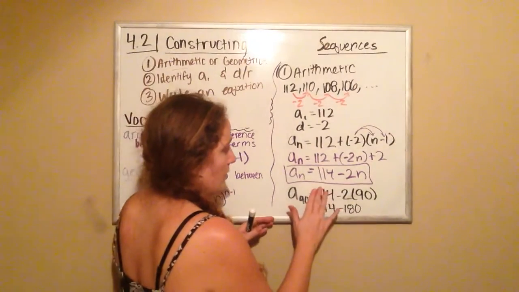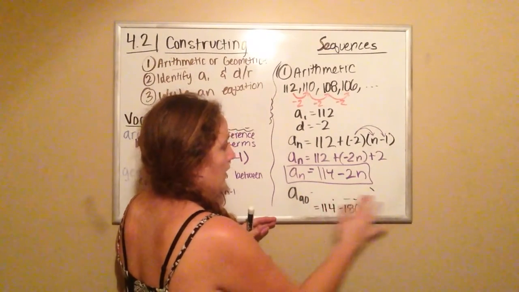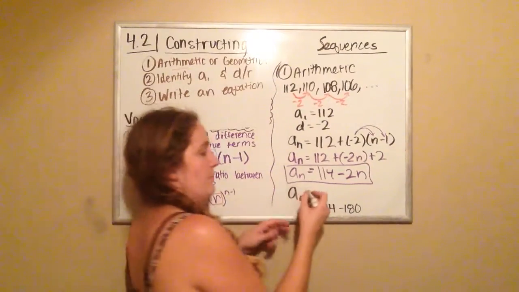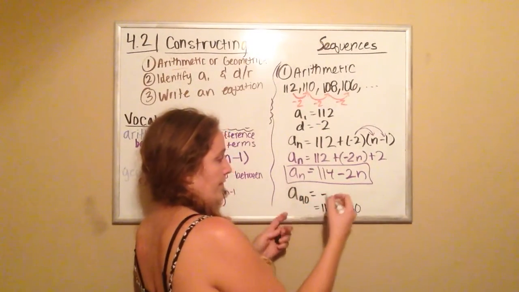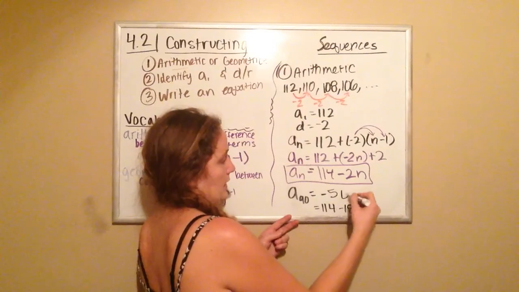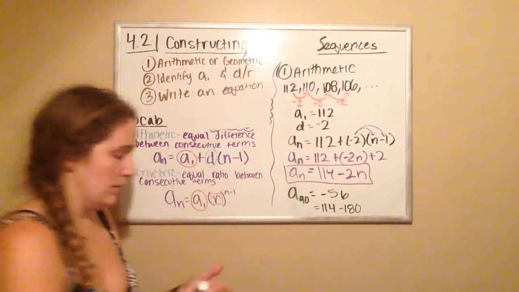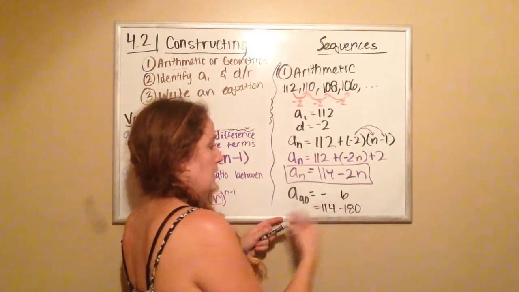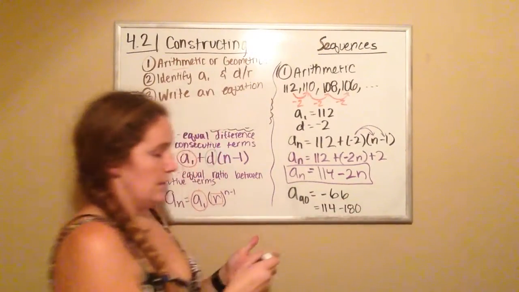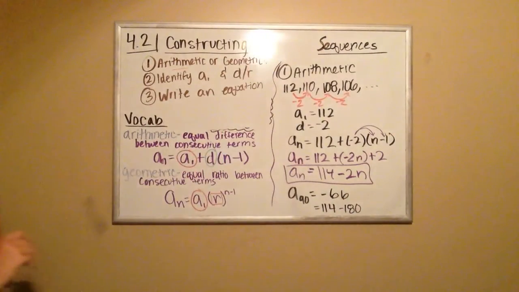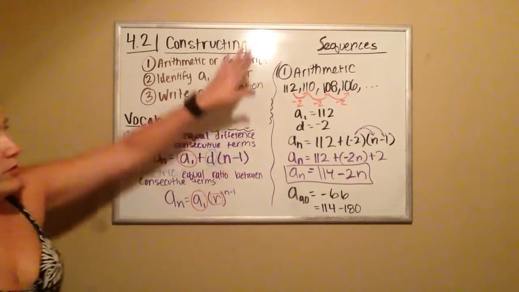So our A of 90, I'm going to erase this just so I have space, would be negative 66.